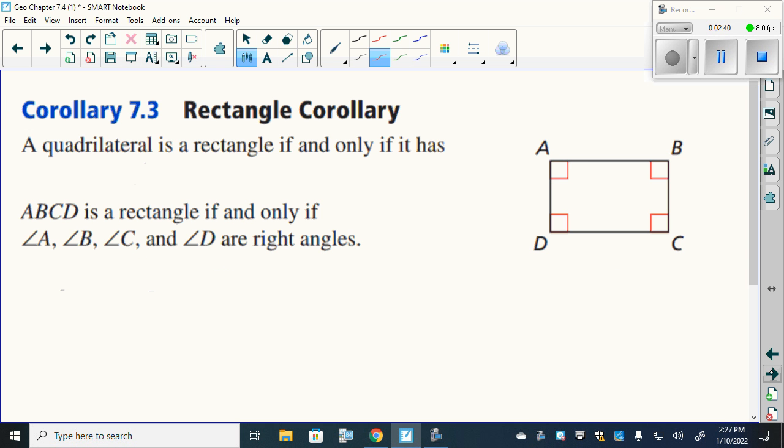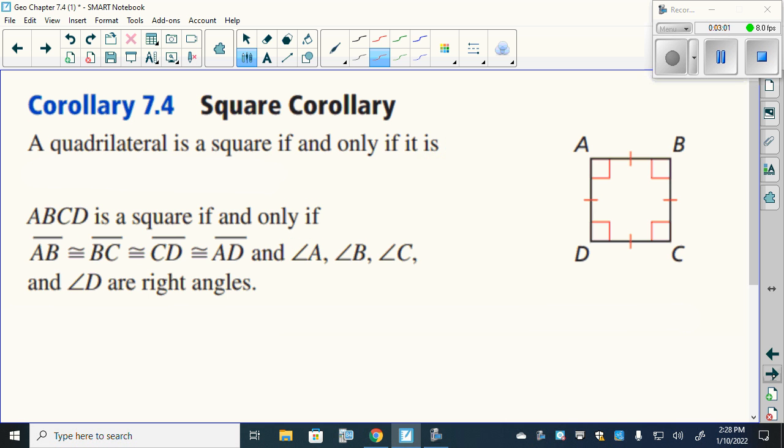Now, a quadrilateral is a rectangle if and only if it has 4 right angles. So a rhombus has 4 congruent sides. A rectangle has 4 right angles. And a square, if and only if it is a rhombus and a rectangle.